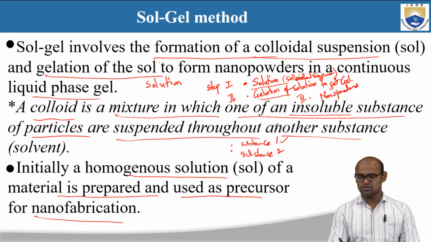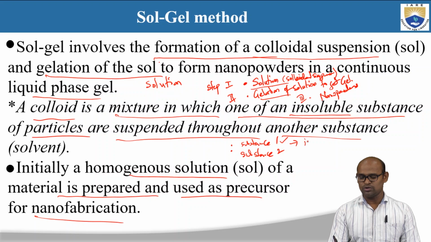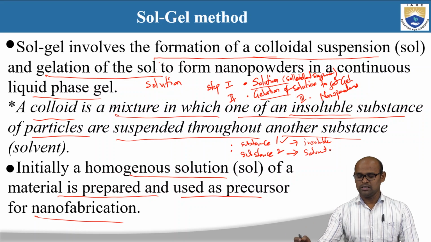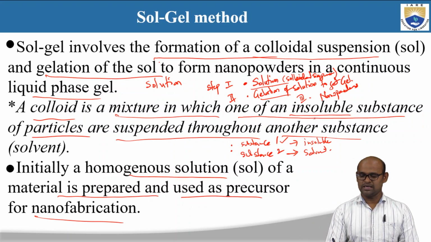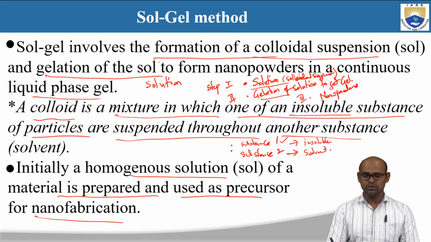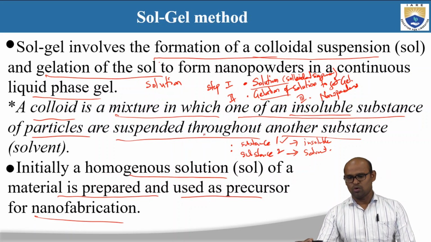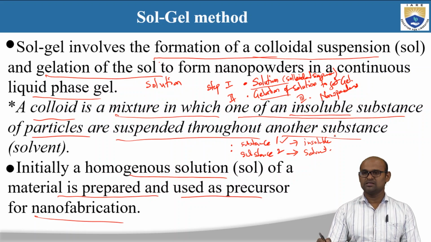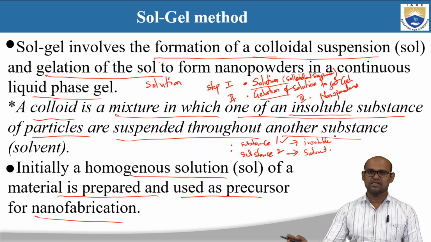So I am saying substance 1 is insoluble; it is not going to dissolve in the other one, and substance 2 is the solvent. One type of particles is going to hang or suspend throughout the other substance, which is the solvent. So that is a colloid.